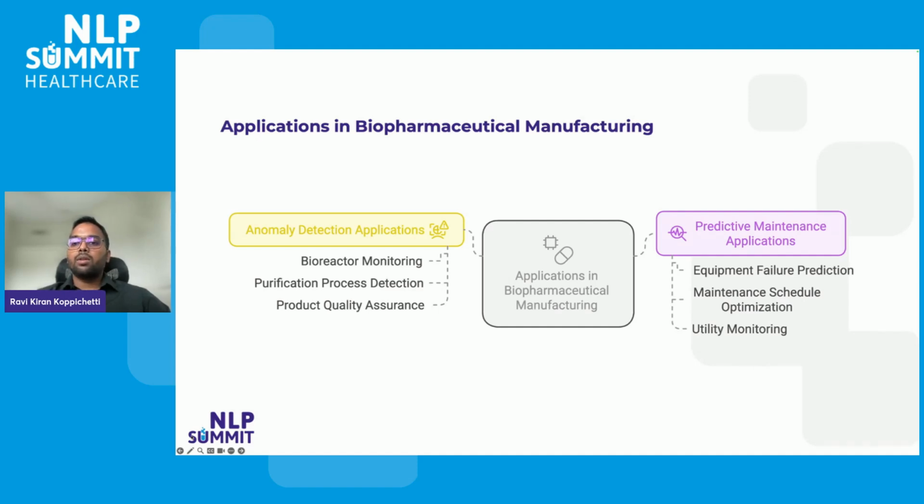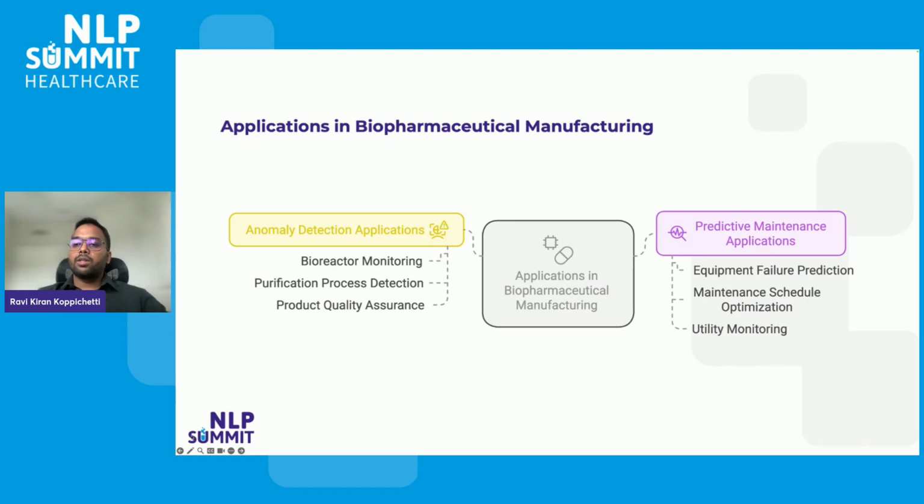These ML models are trained to recognize normal operating patterns and flag anomalies as they occur. For example, a sudden drop in dissolved oxygen might indicate malfunctioning equipment or a contamination event, triggering an immediate alert for investigation and further steps accordingly. This detection helps prevent costly production losses, ensure consistent product quality, and protect patient safety, which is quite important for us.